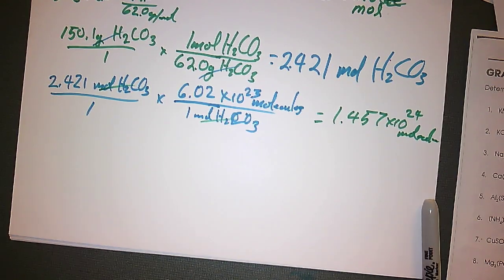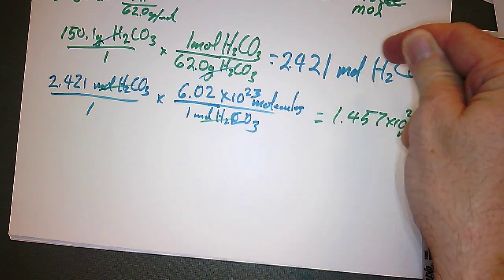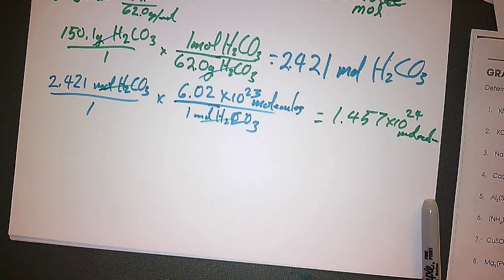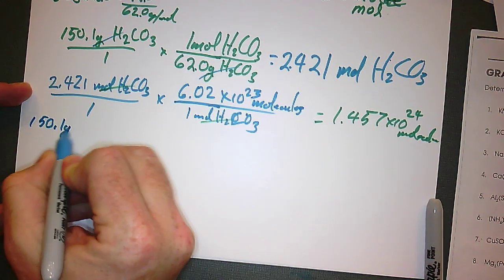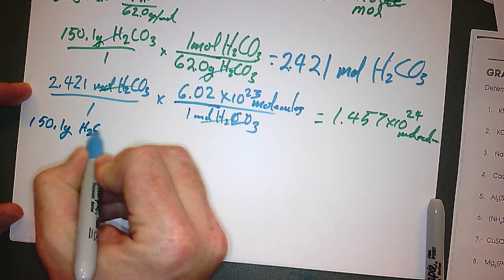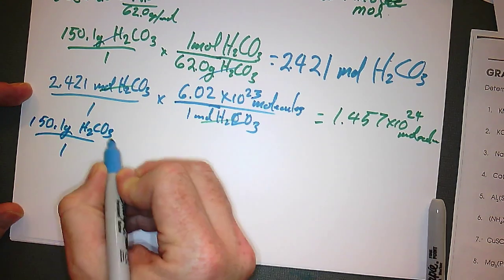You want to see how to do this in one problem? You can actually do this a little bit quicker. If you understand this 100%, doing it in 2 steps, that's great. You can do it a little quicker; you still start where you started. We start with the 150.1 grams H2CO3 over what?